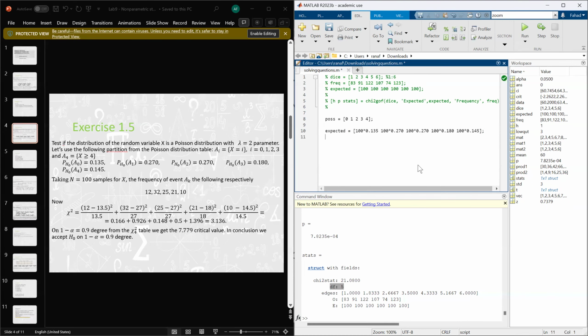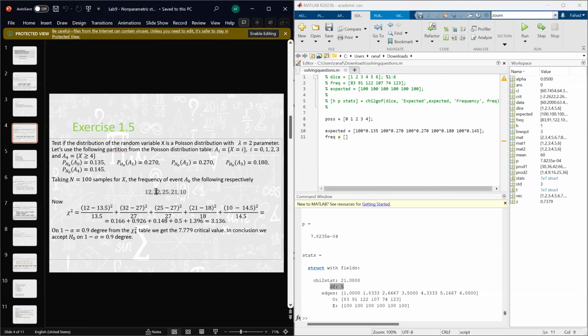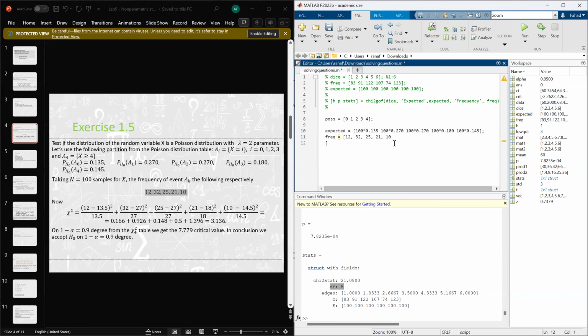That's the only difference from the other one. Then you just make the frequency, which is the actual values. Just copy them from here. And you do the G2Go test like always.